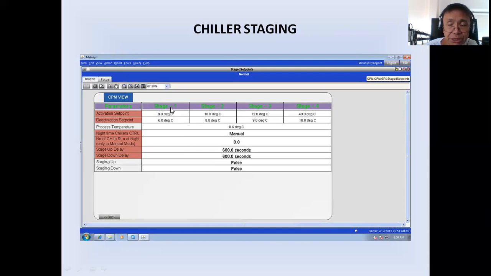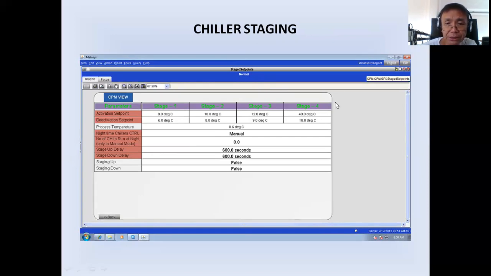So let's say you are in stage 1, then the temperature goes to 6 degrees, then stage 1 will be deactivated. Okay, so in stage 2, 2 chillers are running, then when the temperature of the chilled water goes to 8 degrees, stage 2 will be deactivated.